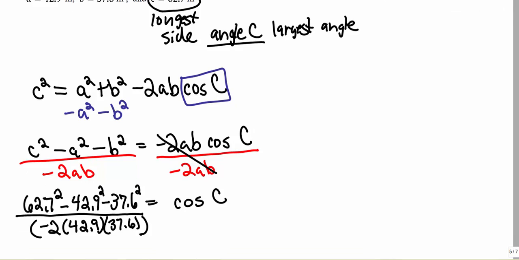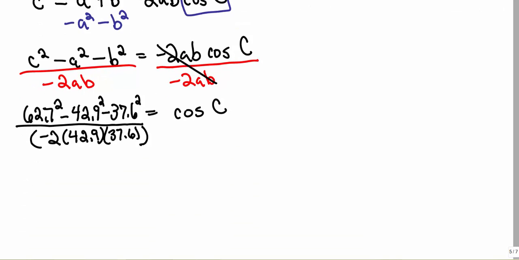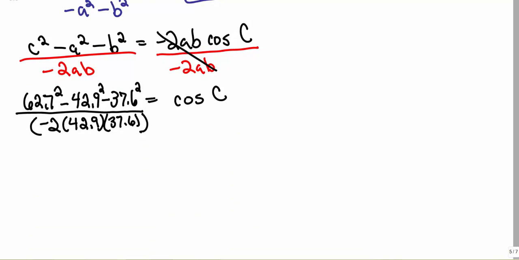Plug everything into our law of cosines, and now we're going to figure out in our calculator what that cosine value is. So in my calculator I get negative 0.209889414.